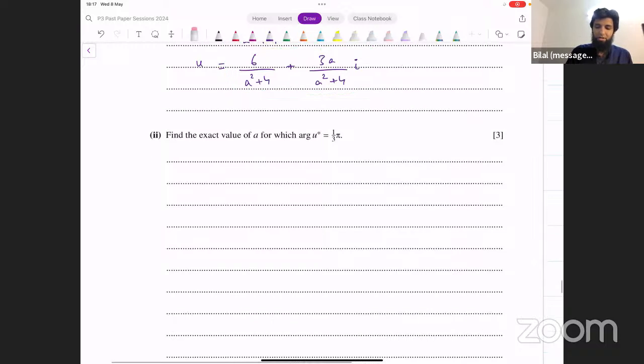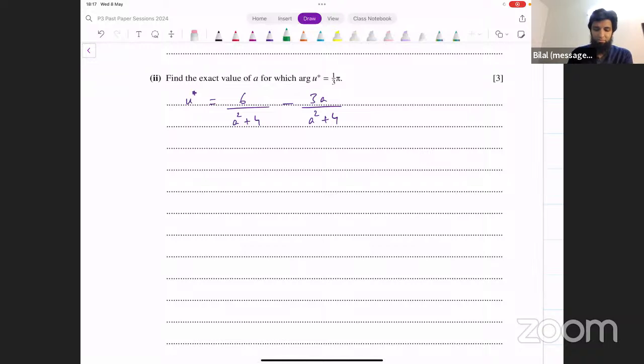What's u conjugate? U conjugate is going to be 6 over a squared plus 4 minus 3a over a squared plus 4 times i. Now, first of all, you should figure out which quadrant this is going to be in.